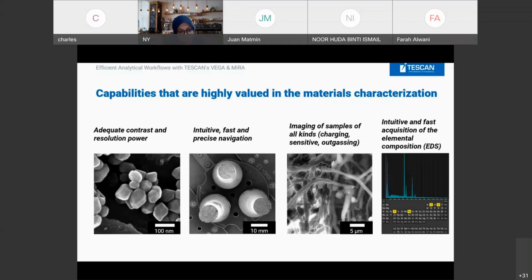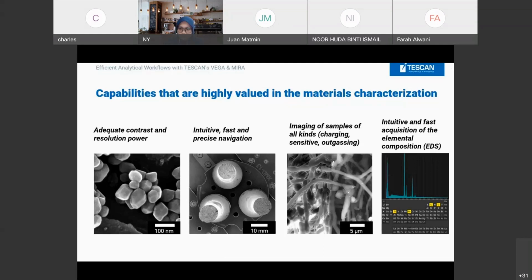This level of detail is defined by the resolution power, which researchers are always looking into. For samples, it could be down to nano level nowadays. It could be very complex in shape and also in size. So a SEM system must have very fast and precise navigation equipped with this function.